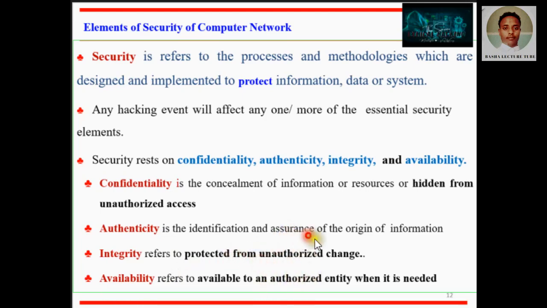Some hackers try to attack or break your system to make it unavailable, for example by using a denial of service attack. If you assure your availability, your system can be accessed 24/7, and the hacker cannot attack your system to make it unavailable.